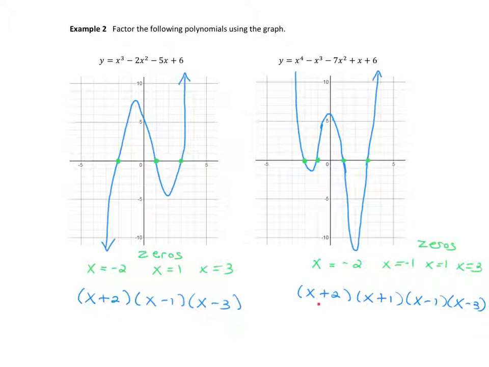Like over here, x times x times x times x, that's x to the fourth. 2 times 1 times negative 1 is negative 2, times negative 3 is also positive 6. So the point of this being, if you have a graph and you know the zeros, it's very easy to factor the equation.